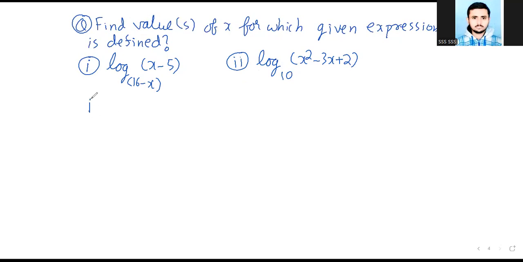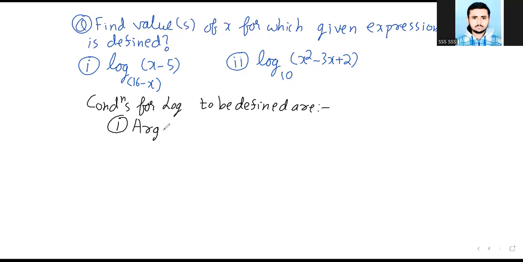For the first one, we have 3 conditions for log to be defined. The first condition is that the argument needs to be positive, so argument should be greater than 0.